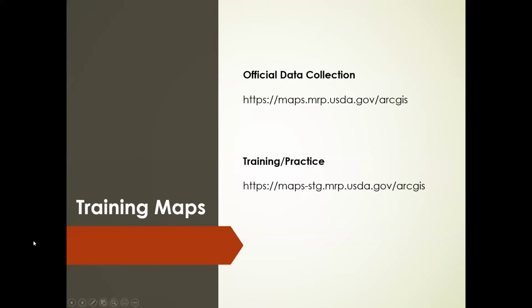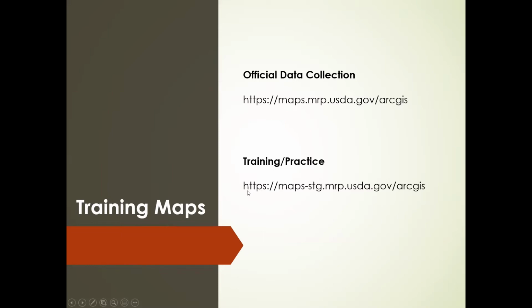Now, what was I talking about? Separate training maps. Last year, we were able to host them all under the same URL. And this year, we have to host training or test or practice maps in a separate staging environment, which means the difference here, this is that same MRP URL you just saw signing in.